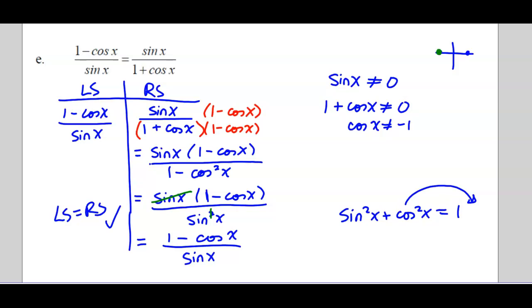So overall, x cannot equal multiples of pi. Sine of x can't be 0, that's both of those. Cos can't be negative 1. It's already included in the sine restriction. That's the winner.